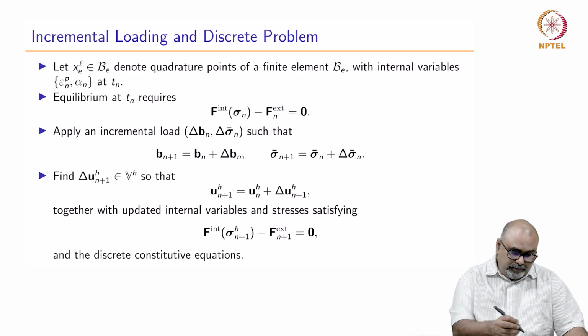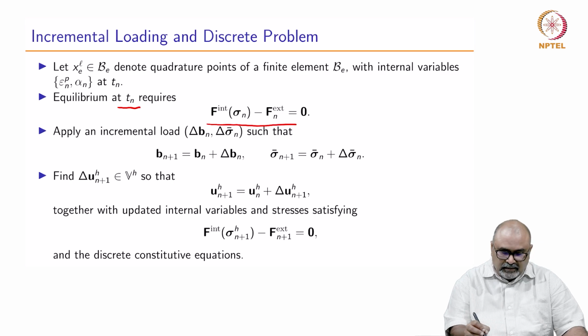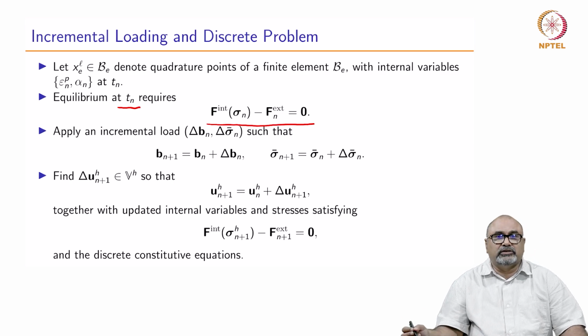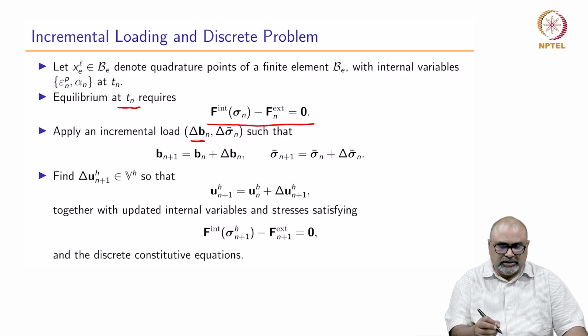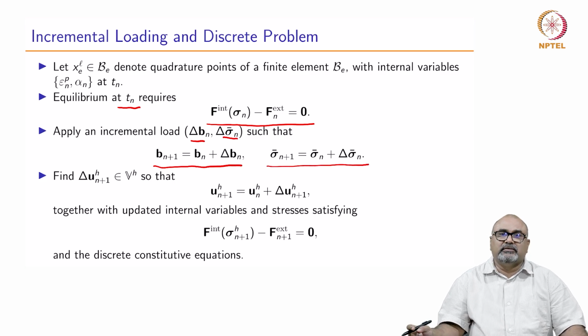So, equilibrium at any step Tn requires that F internal in terms of sigma n minus Fn external must be equal to 0. We apply an incremental load associated with the body force delta Bn and tractive force delta sigma bar n, such that Bn plus 1 is Bn plus delta Bn and sigma bar n plus 1 is equal to sigma bar n plus delta sigma bar n.